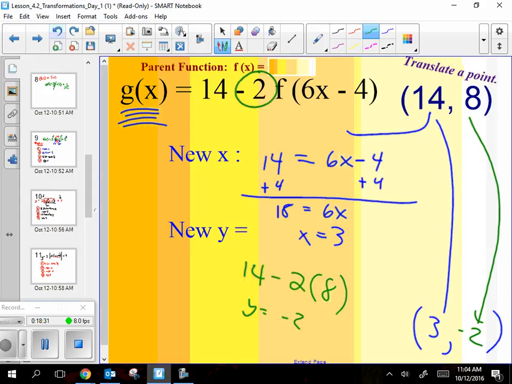It would take my 8 and make it twice as big, but the opposite way, which would be negative 16. Then this is like a plus 14, and negative 16 plus 14 is negative 2. You could have talked your way through that one, but you're likely to make mistakes, mostly about the order. So instead, learn to replace the y with whatever the f of x is. That whole thing becomes 8.